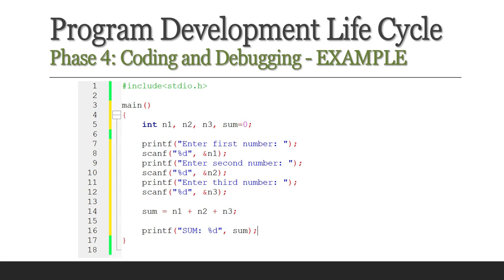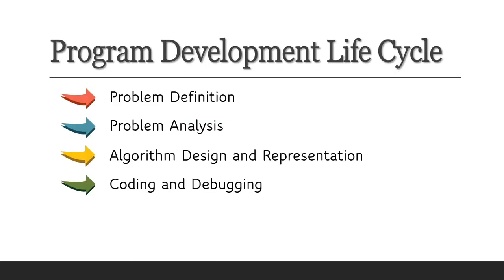This is an example of source code using the C programming language, which was written in an editor that also serves as the compiler, which is the Code::Blocks application. The system analyst is in charge of the first three phases, but the computer programmer is in charge of the last phase, which is coding and debugging.